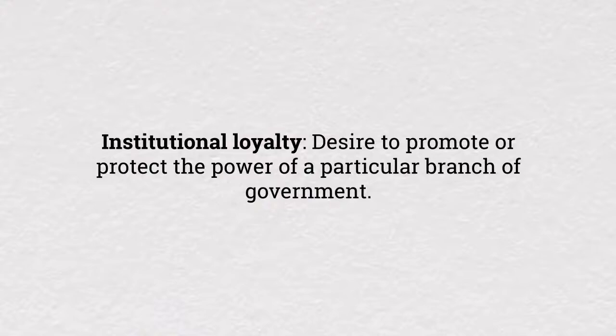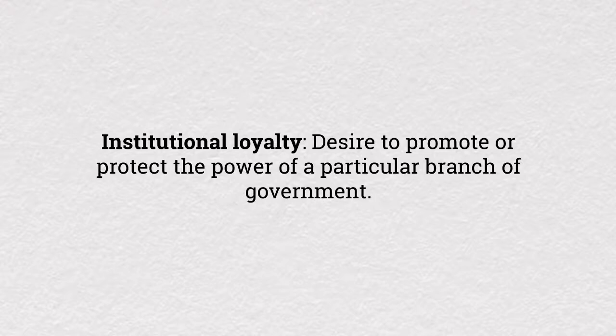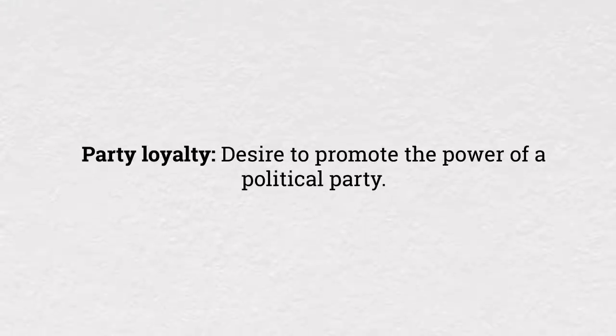Each will check and balance the others. So members of Congress will feel a sense of loyalty to Congress. The president will feel a sense of loyalty to the office of the presidency. We could call this institutional loyalty. And institutional loyalty may exist, but it's much weaker than party loyalty. The framers didn't think about political parties, but they mess up separation of powers.